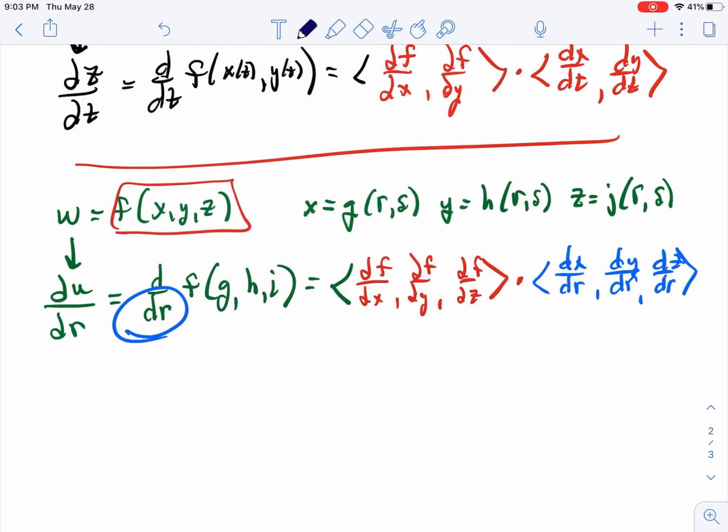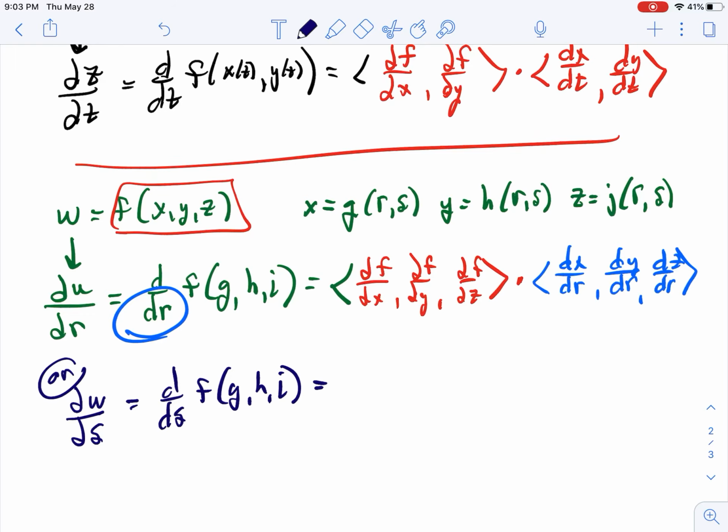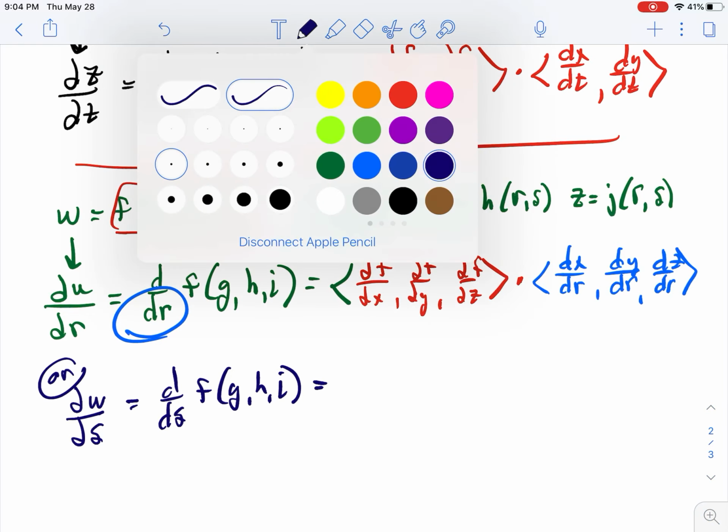Now, let's put an OR statement, just going to change it up a little bit. So let's say I say partial dw of ds. Just notice there's r and s here. So that would be the same thing as d/ds of f of g, comma h, comma j.